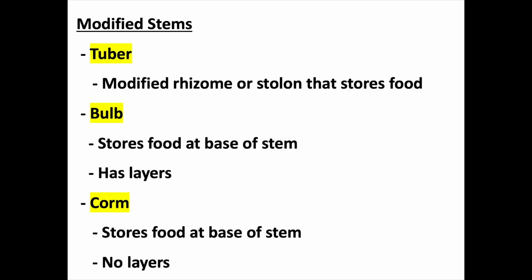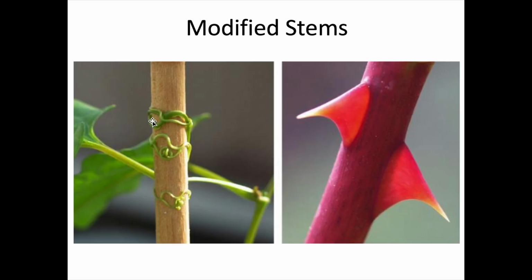Okay, two more, and these are easy ones. Tendrils and thorns. A tendril is a modified stem. I'm reading the key terms: a modified stem consisting of slender twining strands used for support and climbing. So it takes a lot of energy to be a big tall tree.